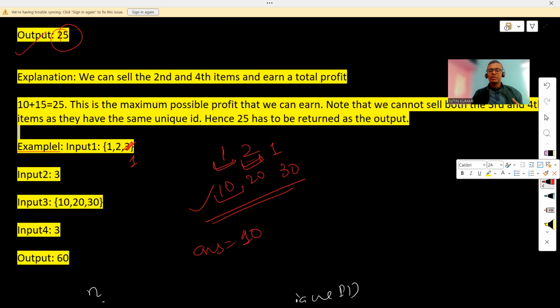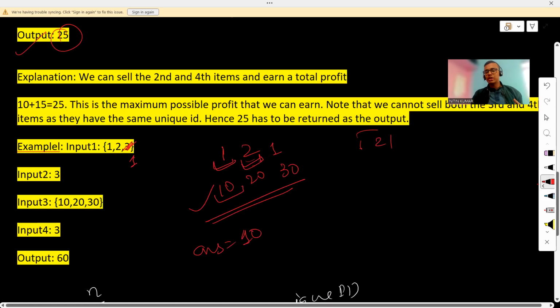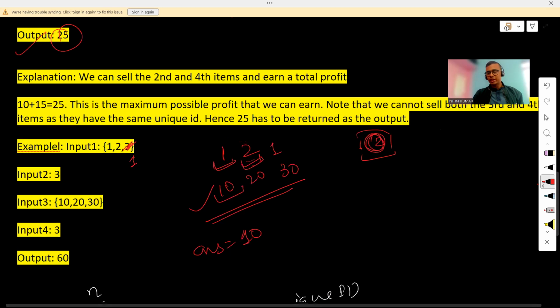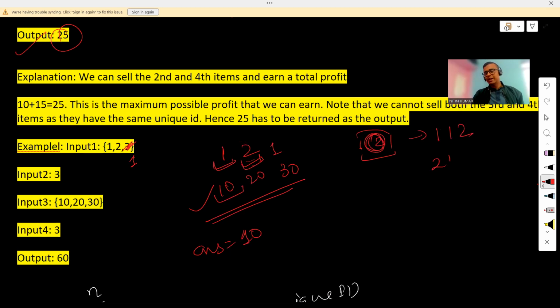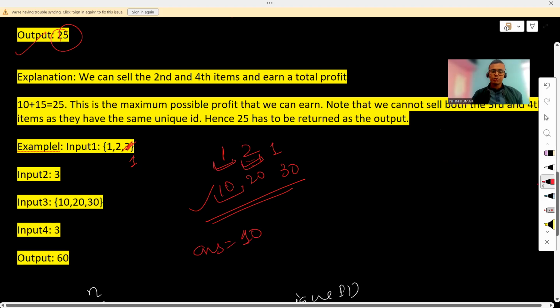But here you can see this 1 and 1 are not consecutive because between them there is a 2, so this is not consecutive. If they were consecutive, then they would be right after one another. If you had that doubt, then let me clear that for you.